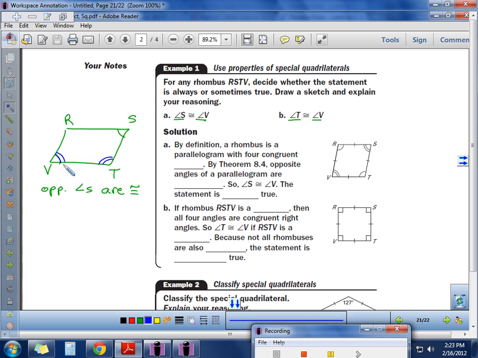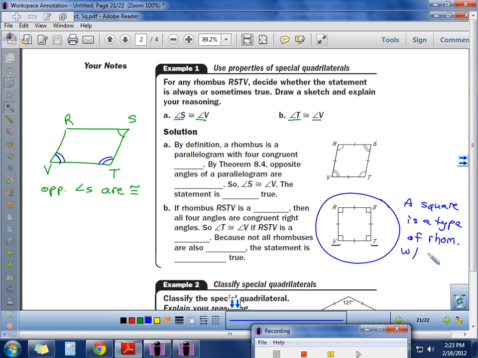We called it a square. So on a square, that's like right here, a square, can T be congruent to V? Okay, we got to say why. Okay, because this type of rhombus, a square, is a type of rhombus with four right angles.